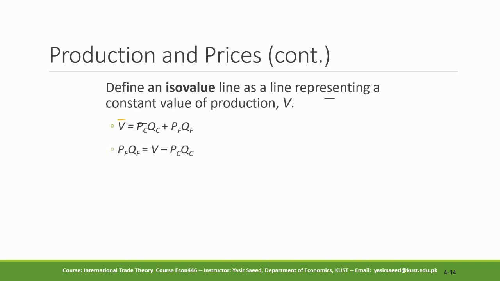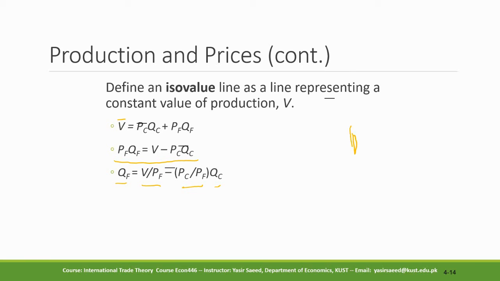So taking food to the left hand side and keeping the rest of the equation on the right hand side, taking V to the right hand side, we have our new equation as PF into QF equals V minus PC into QC. And again, dividing both sides by PF, we get QF equals V over PF minus PC by PF into QC. So this is a straight line.